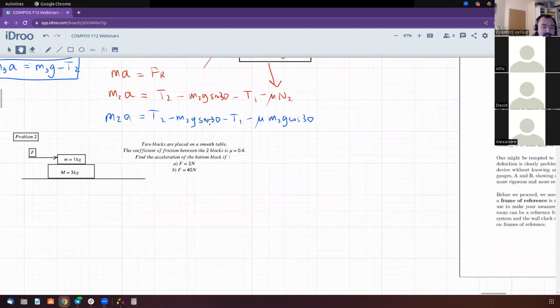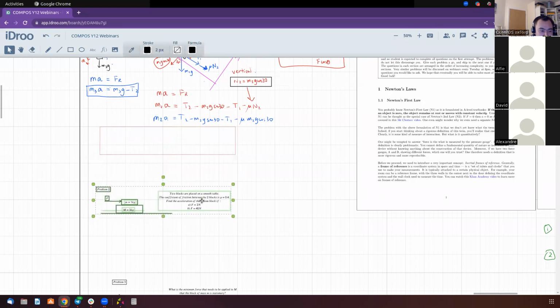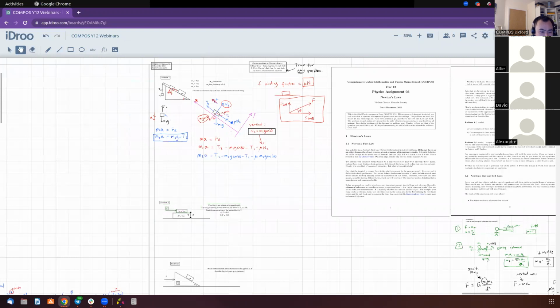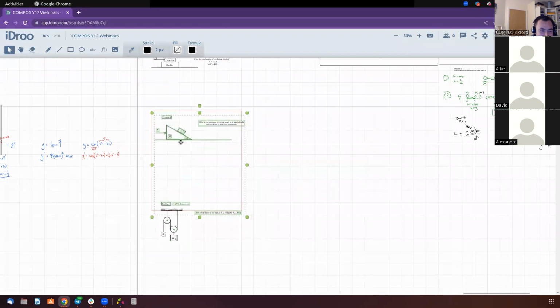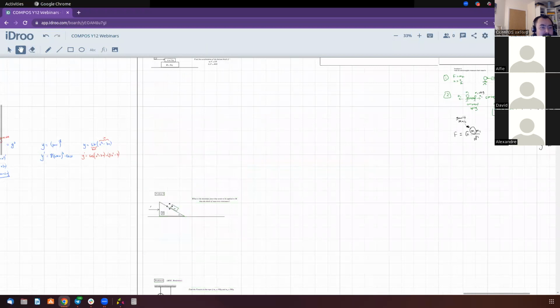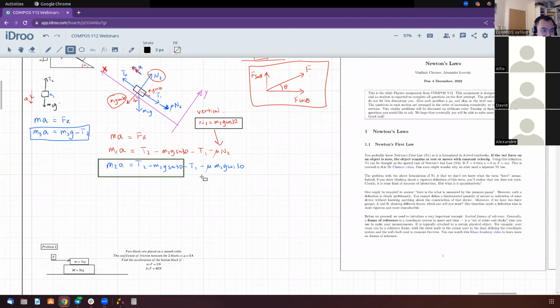Now, this looks incredibly complicated, but I assure you it isn't. Well, it's somewhat complicated, but not the end of the world. And that's the second equation. That's the second simultaneous equation. And that's Newton's second law for the second mass.